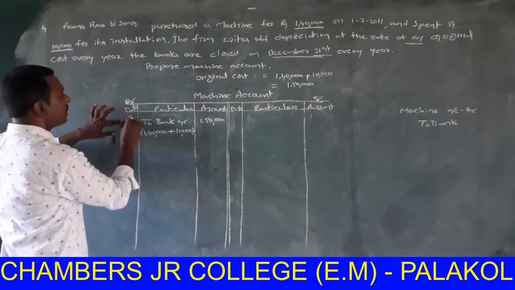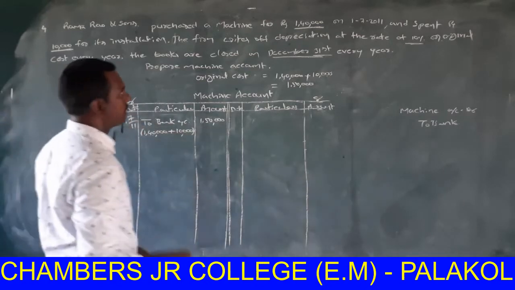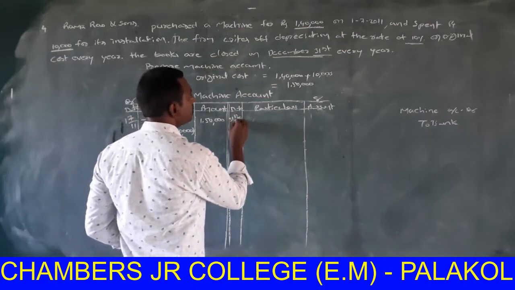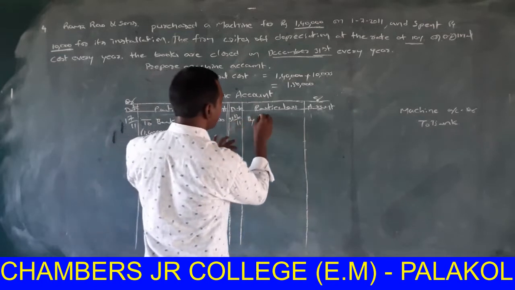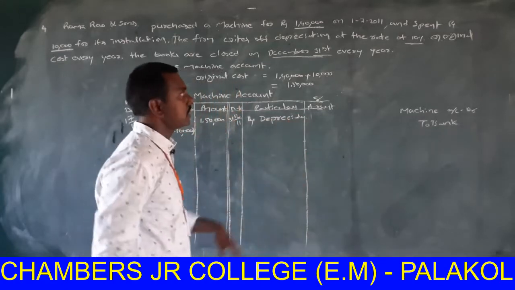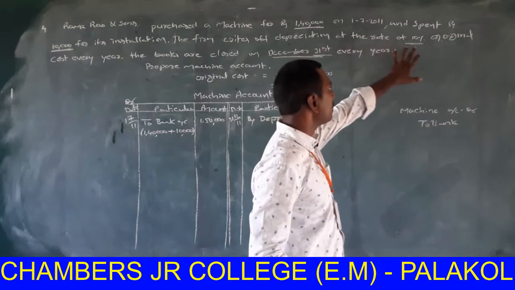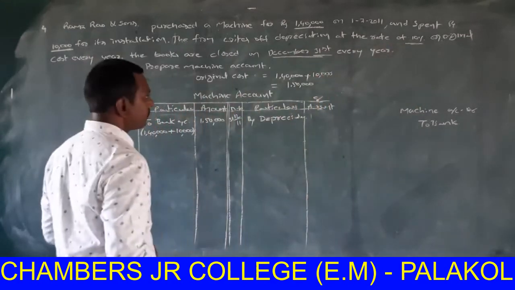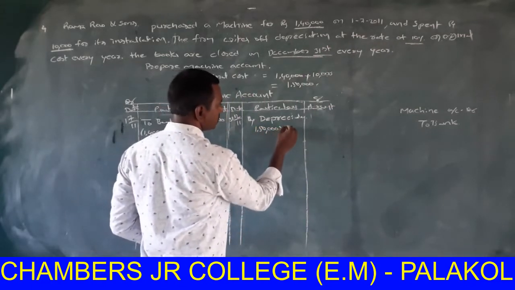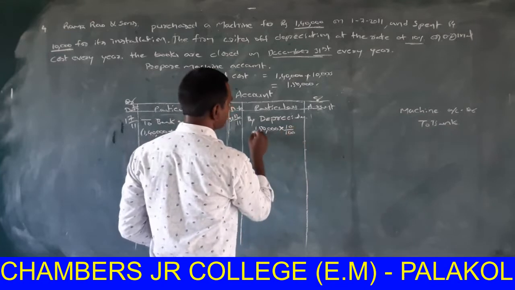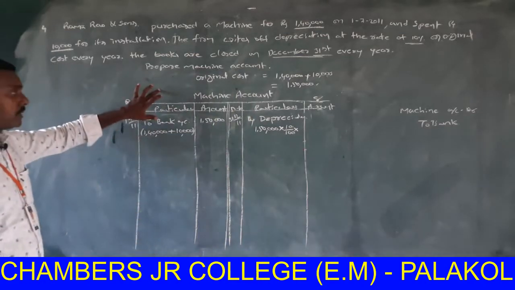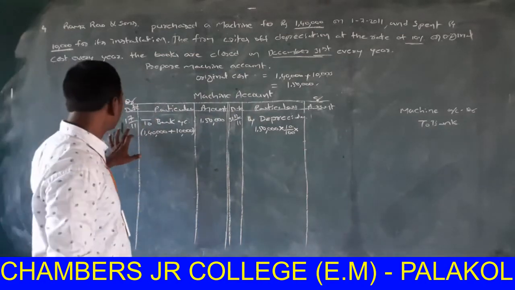The machine was purchased on 1/7/2011. The books are closed on 31st December every year. So on 31/12/2011, by depreciation. Depreciation at the rate of 10% on original cost every year. Here the original cost is 1,50,000 into rate of depreciation 10 by 100, and the machinery is purchased on 1/7/2011.